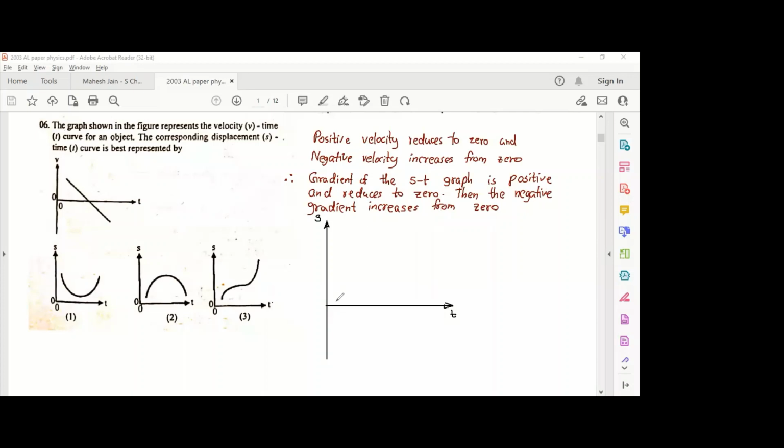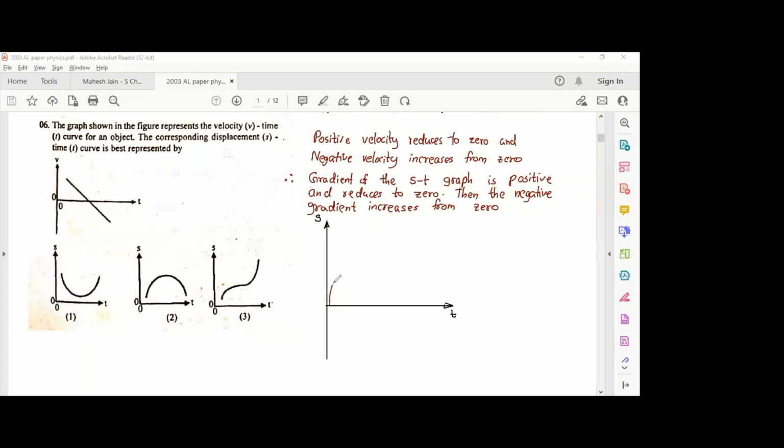Positive gradient here reduces and becomes 0. You know, gradient becomes 0 when the graph is completely horizontal. Here the graph is completely horizontal.